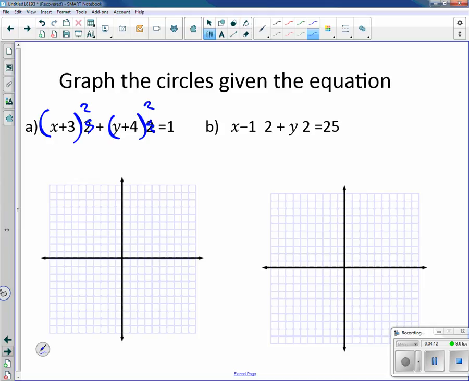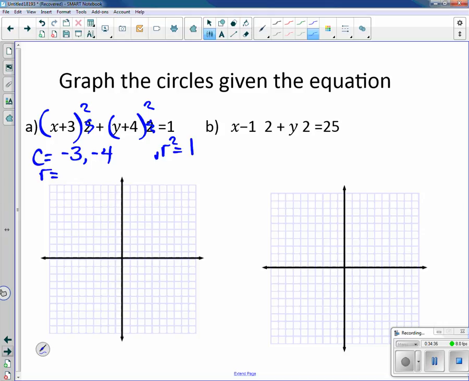What is my center here? Negative 3, negative 4. Why is it negative 3, negative 4? Opposite. What is my radius here? Think of it. Yes, Carmen. The r square is 1.